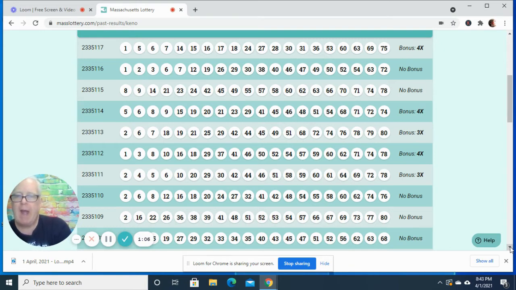And that would be a good set of numbers to reuse. If I was going to play numbers in the New York Keno, the pick 10, I would use this. But that's one way of doing it. Okay, guys.